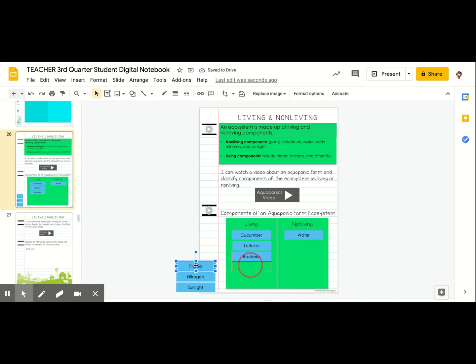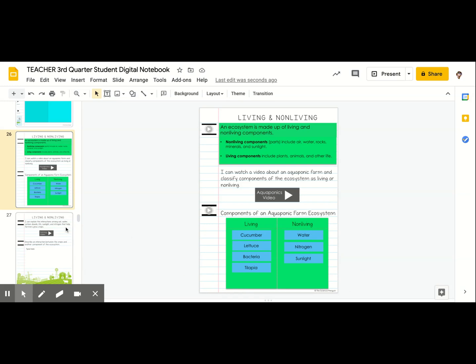Tilapia is a fish, right? Fish are animals, so that would definitely be considered living. Nitrogen would be non-living, as well as sunlight. So ecosystems need non-living and living things to be successful.